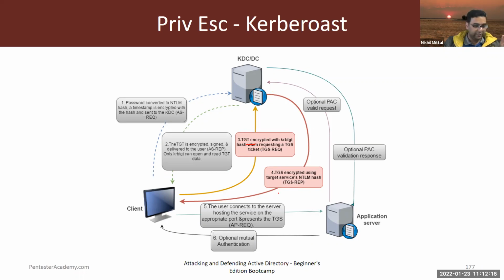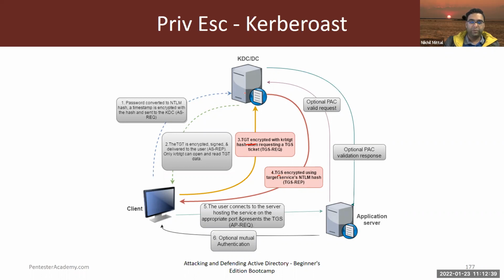And once again, some documentation refers to this as a silver ticket, some documentation refers to this as a TGS. I personally like to use the word TGS because that is something that a lot of other security folks use, and I'm pretty used to this.